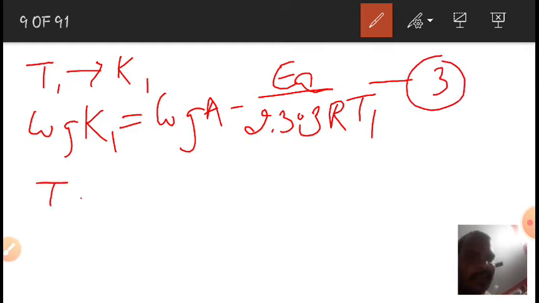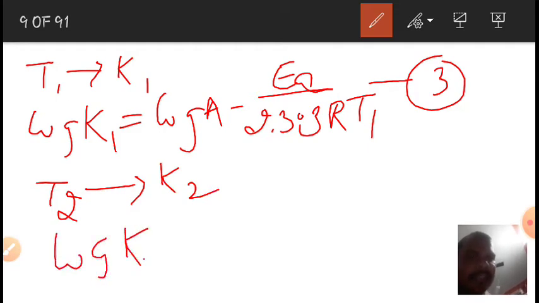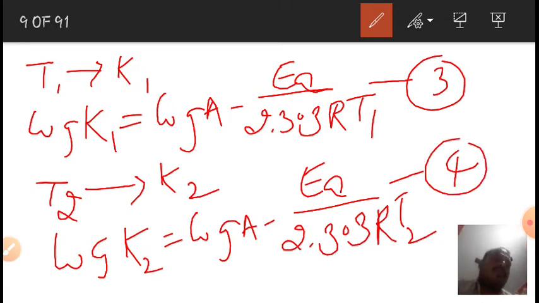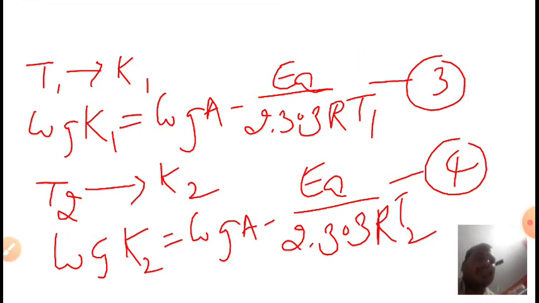At T2 temperature, the rate constant is K2. Then log K2 is equal to log A minus Ea by 2.303 RT2. This is equation 4. To get the Arrhenius equation, I am subtracting equation 3 from equation 4.